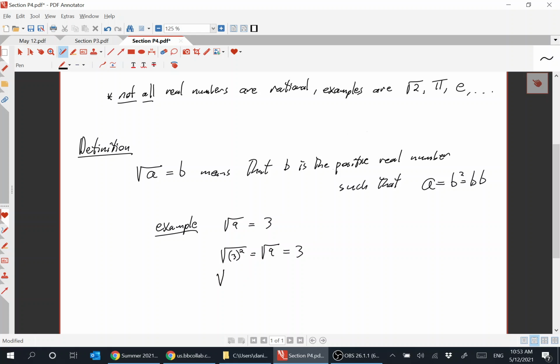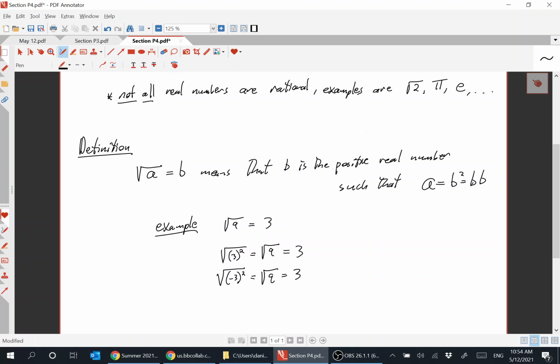But what about this? It's the same thing. It's still 3. Negative 3 squared is negative 3 times negative 3, which is 9. So that's still 3. It's not negative 3.